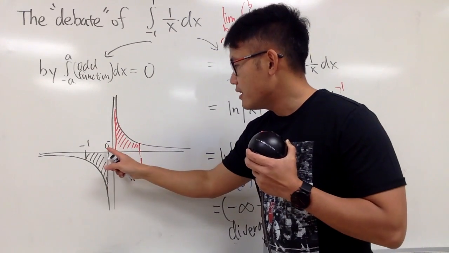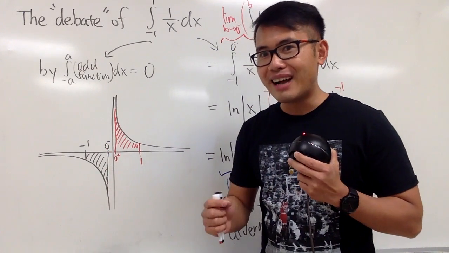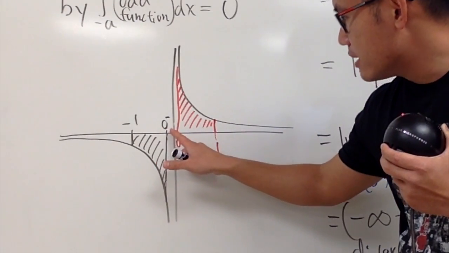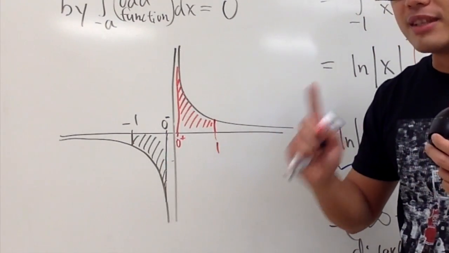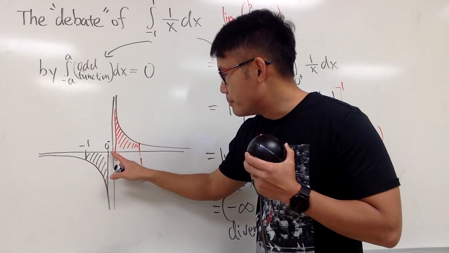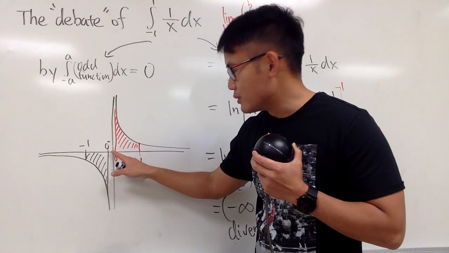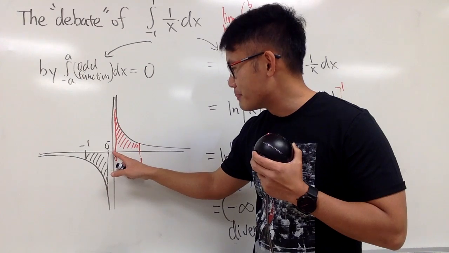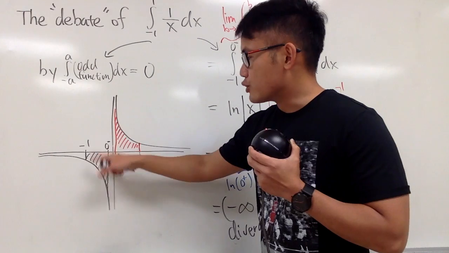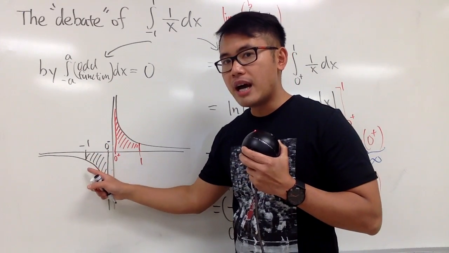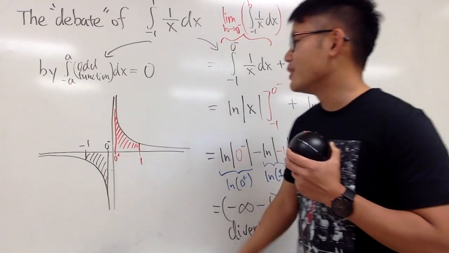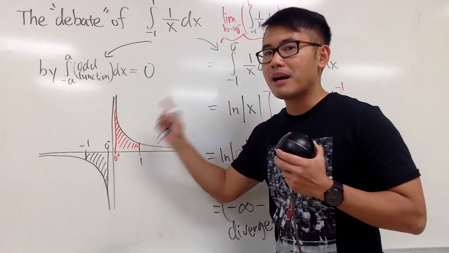But the 0 minus and the 0 plus, they do not have to be the same distance. Once again, 0 minus and 0 plus, they do not have to have the same distance away from 0. That's why I purposely left a bigger gap from 0 minus to 0, and also a smaller gap from 0 to 0 plus. As you can see, the trouble is that when this area gets to be negative infinity, in fact, it has no connection with this area that's going toward positive infinity.